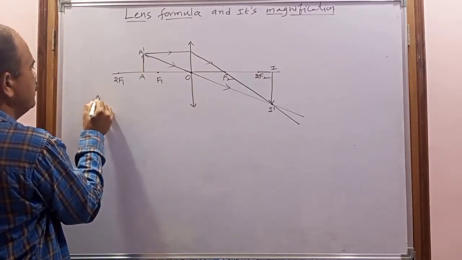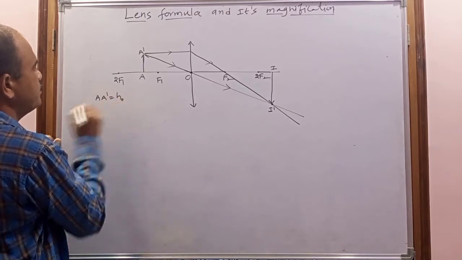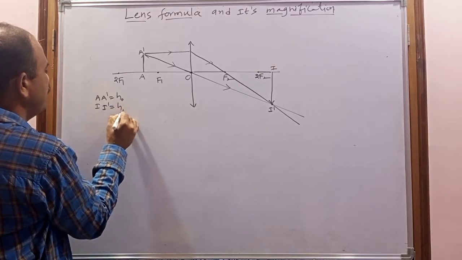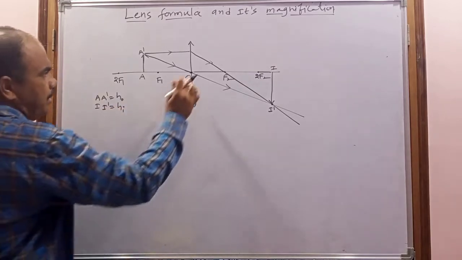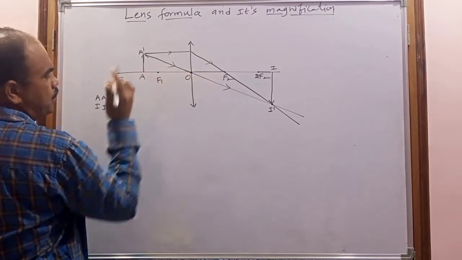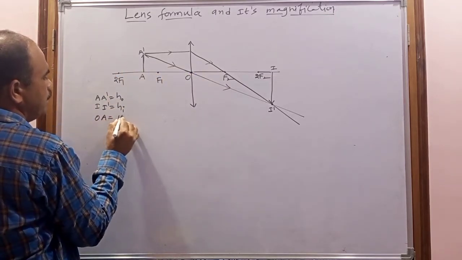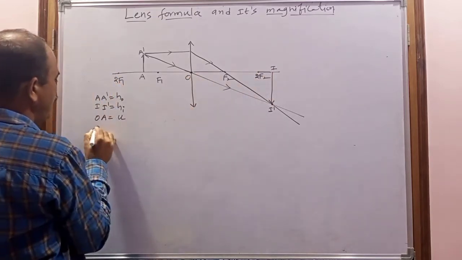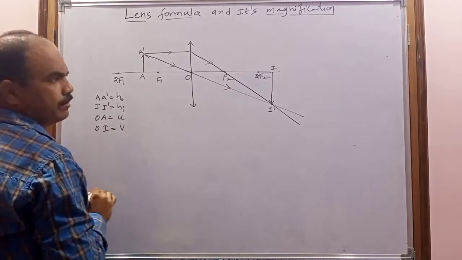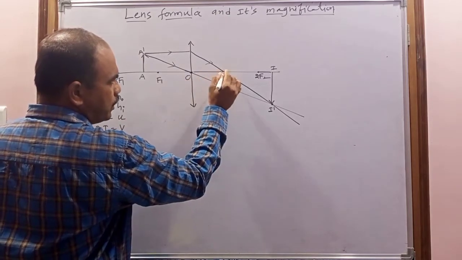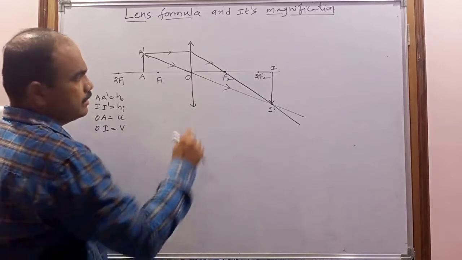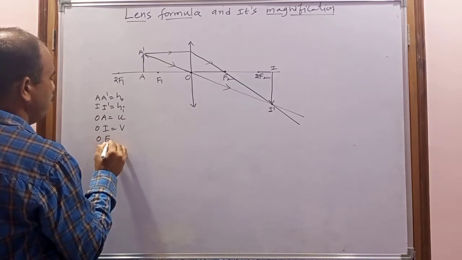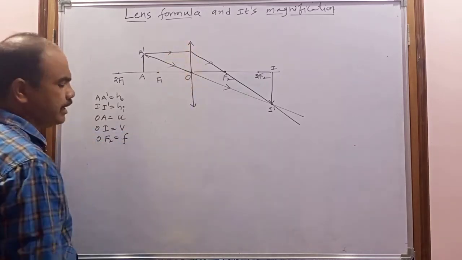So OA can be taken as u, and OI is the image distance. The distance from O to F2 is the focal length. OF2 is the focal length of this convex lens.